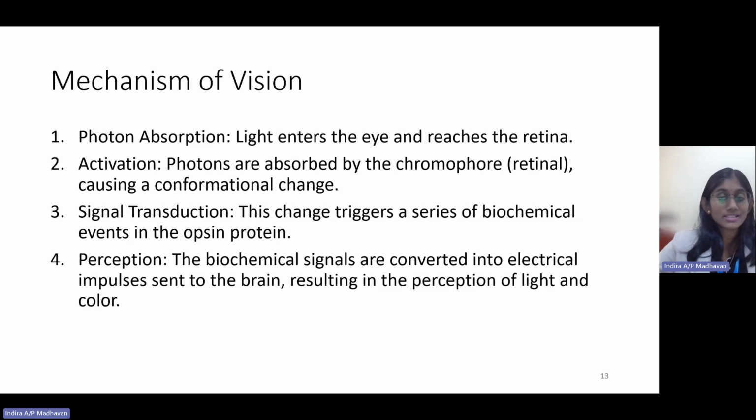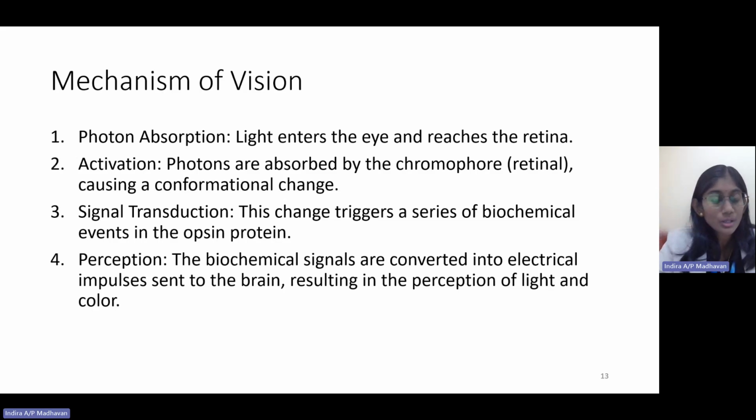Once it gets activated, the opsin is kickstarted, so it will open its attracting characteristic, where it will absorb all the lights related to its characteristic.